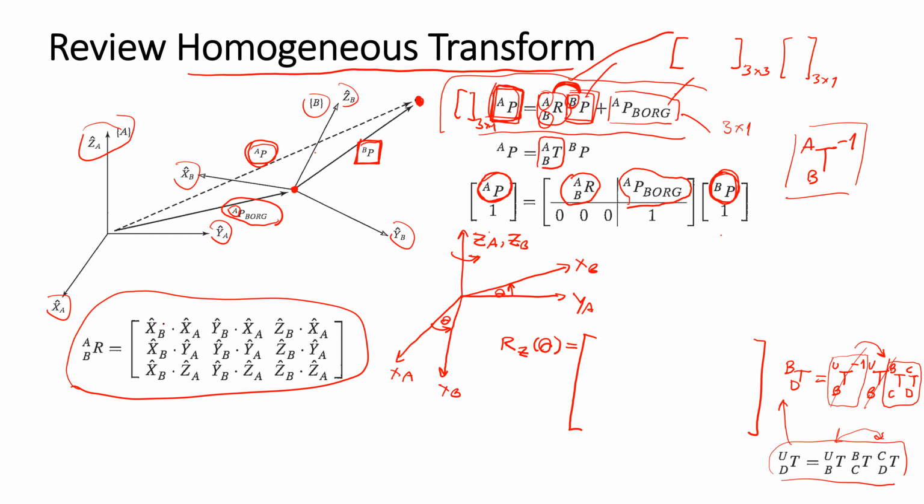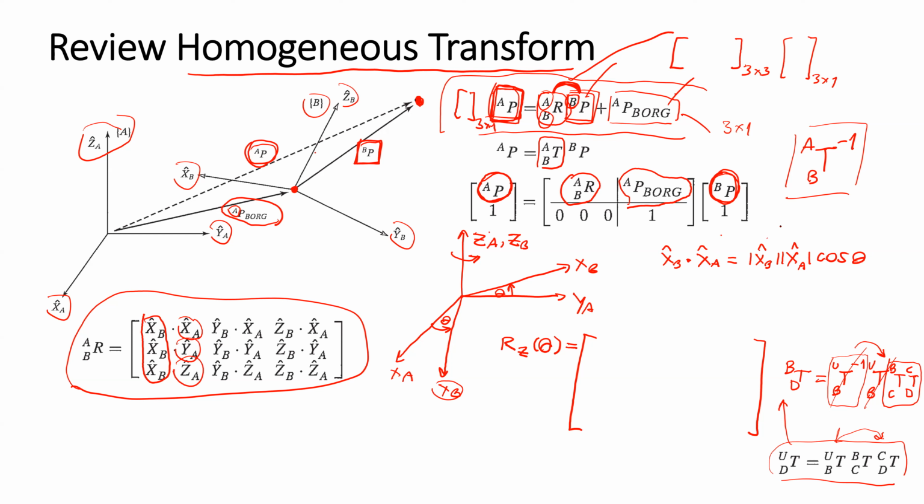We need to use the vector xb to obtain the dot product with xa, ya, and za, right? xb dot xa will be the magnitude of xb multiplied by the magnitude of the unit vector xa multiplied by the cosine of the angle between xb and xa.